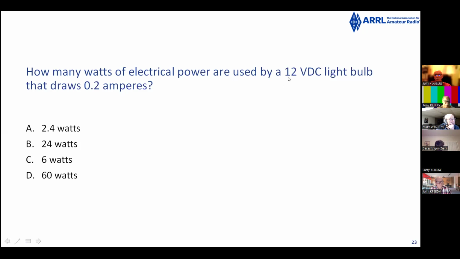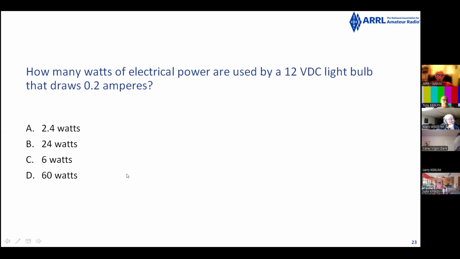How many watts of electrical power are used by a 12-volt light bulb that draws 0.2 amperes? So watts is volts times current, right? So 2 times 12 is 24, 2.4. But then you got to move that decimal over.